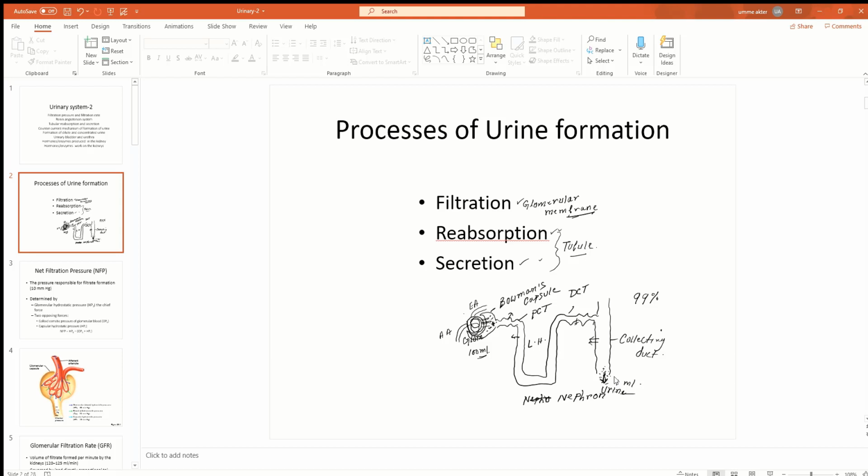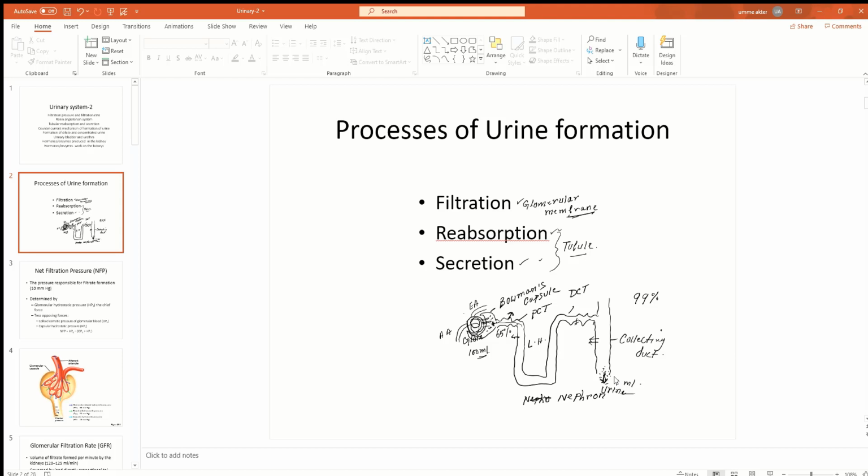Okay, so now when the fluid passes through the proximal convoluted tubule, what happens? About 65% of it is reabsorbed. That means taken back into the body.